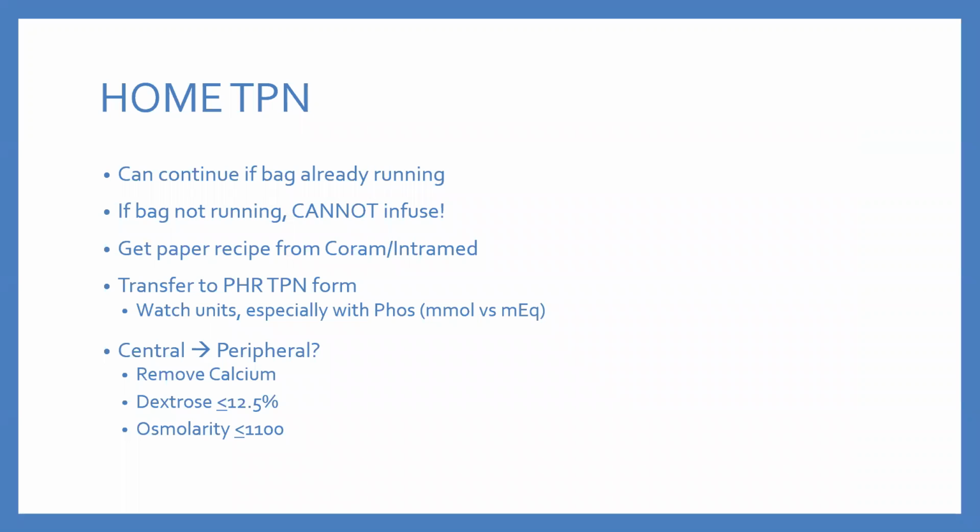And one last thing, I know we'll get a couple of these kiddos that come in that are on home TPN already. So if they come in with the bag already hanging and it's running, just let it run. And if it's not running and for some reason they bring in the bag with them, we cannot use that because it is not our in-house product.